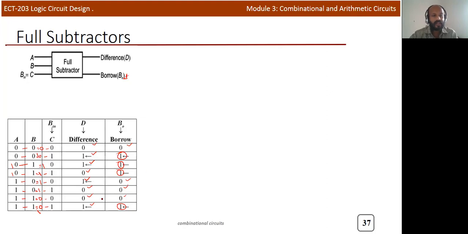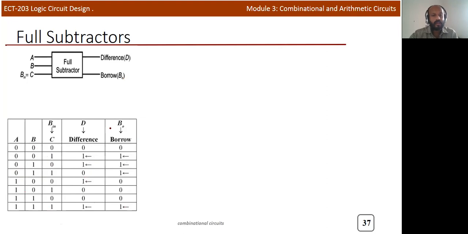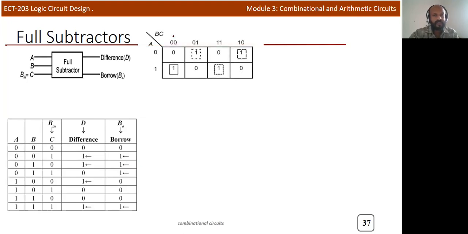Now we need to consider the equation for this particular circuit, the full subtractor function. First we can take the difference part. If you take the difference D, it's a 3 variable K map with A B C. For 000 it's 0, and for 001 it's 1.